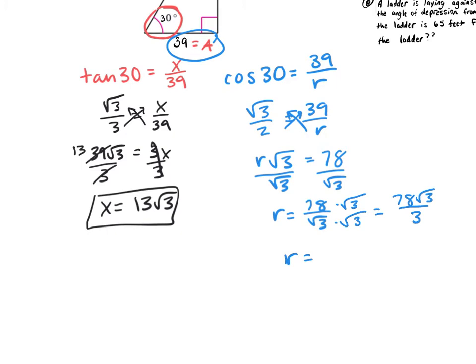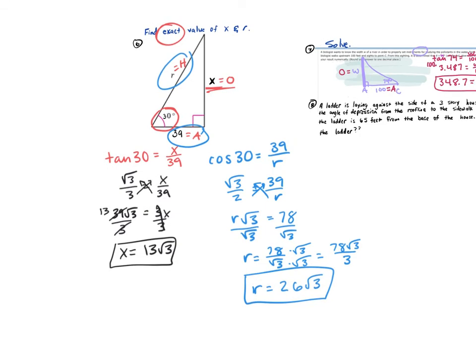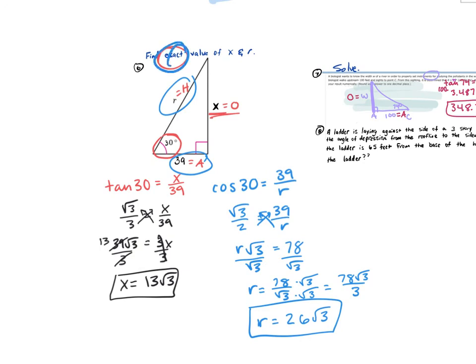Yep, what do we get? 26 times square root of 3. Yes, 26 square root 3. Perfect. Any questions on this one? So remember, when it asks for the exact value, you have to use that chart from the notes.